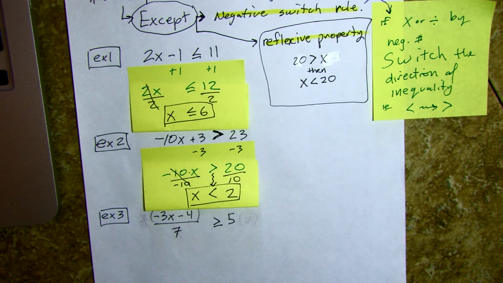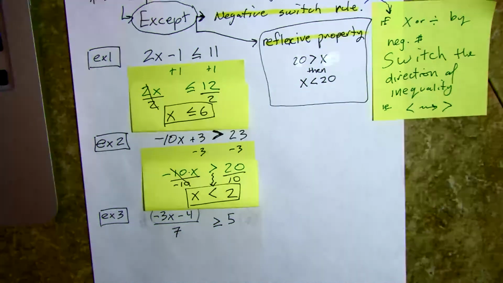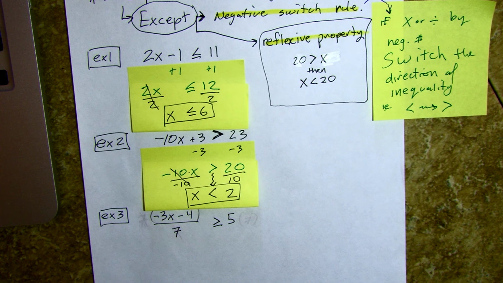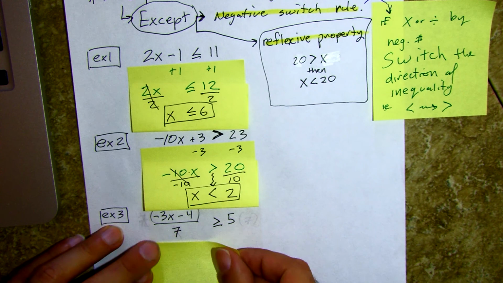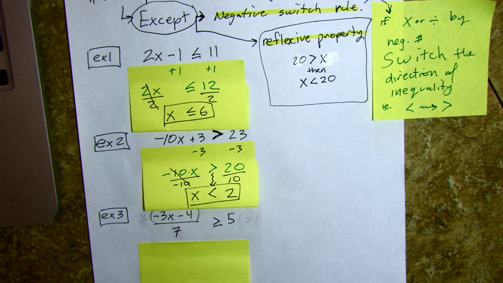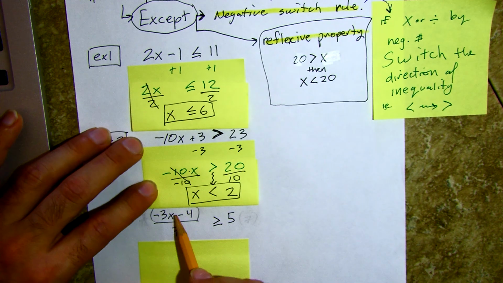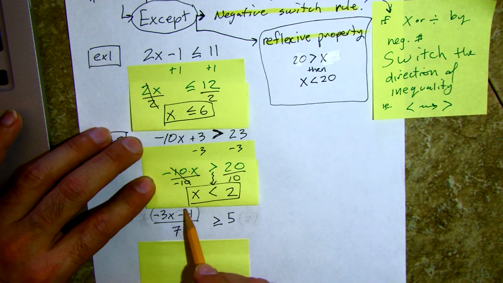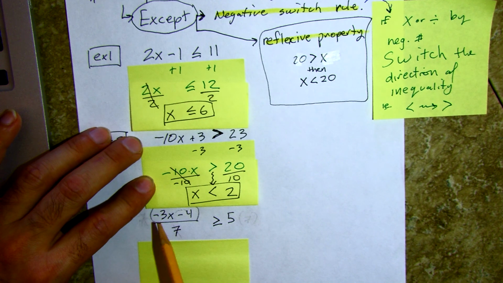Because, look, we have some chains here. We have subtraction of 4 here. We have multiplication going on with this negative 3. And we also have the whole expression up top, the numerator, divided by 7. So if we're working from the outside in, we always go after this 7 on the bottom, because it's furthest away from the x. It's on a whole other level, right?